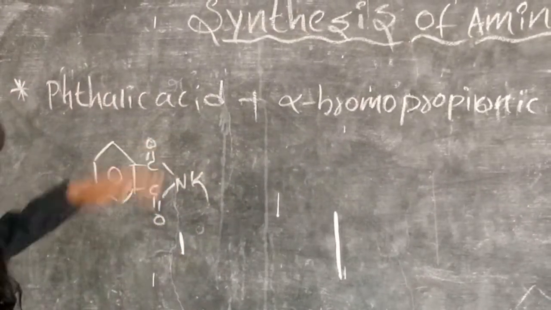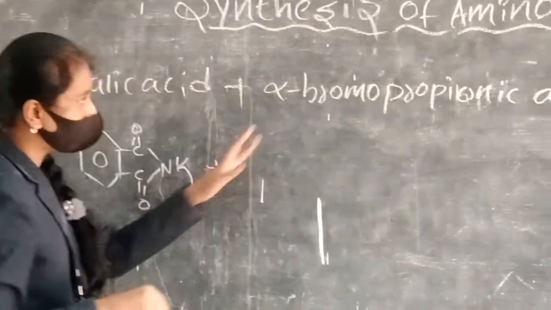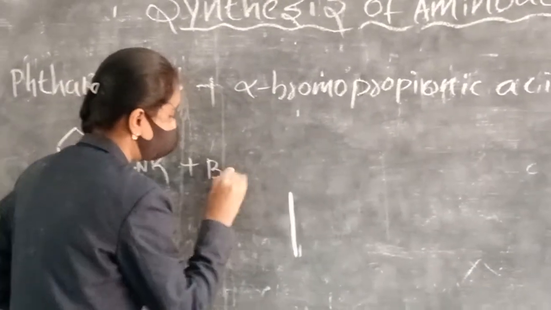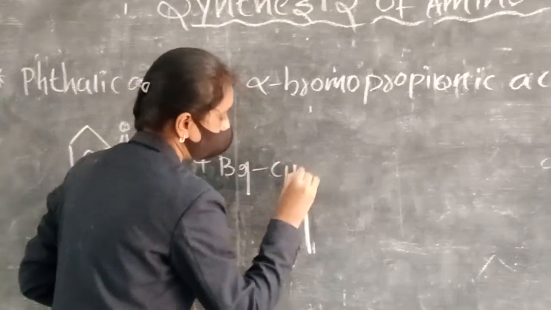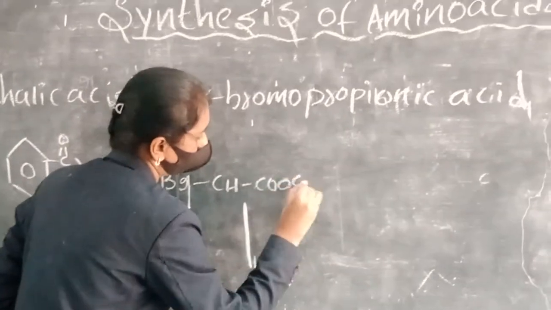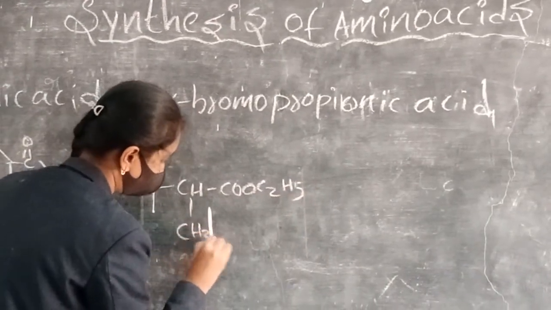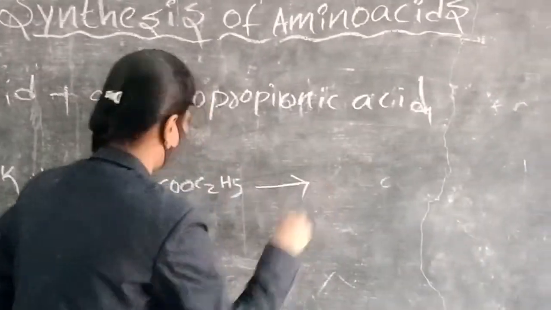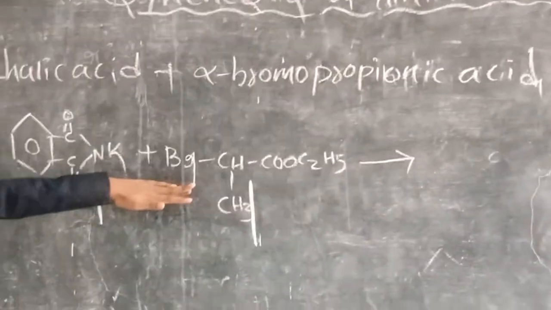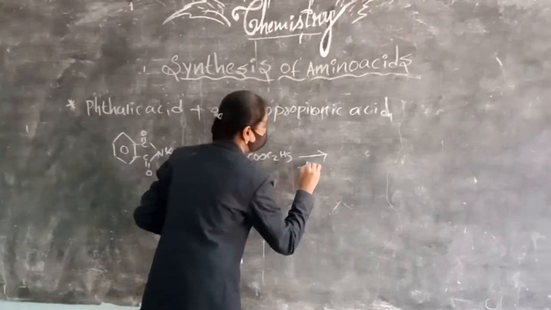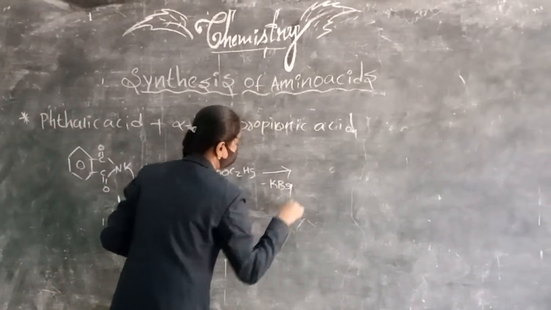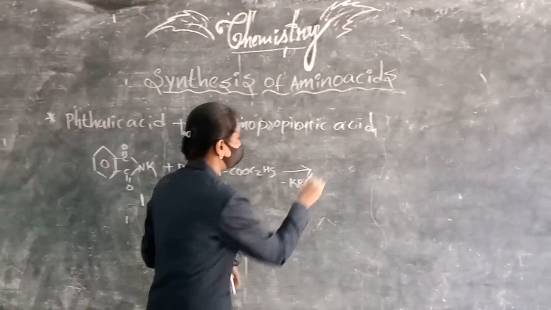This is the potassium phthalimide, which is treated with alpha bromopropanoic acid. From this equation, we have to remove KBr. We get one addition product.